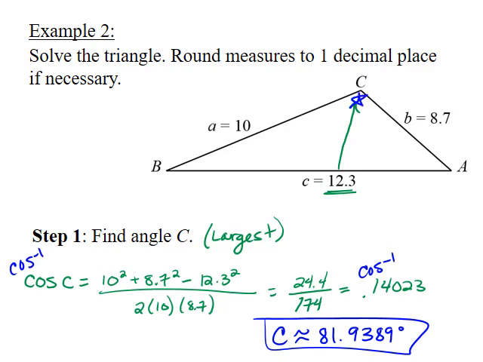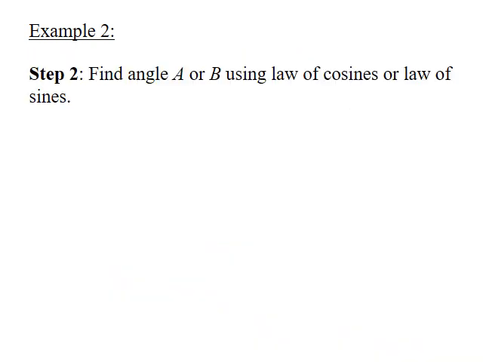Now we either need to find angle A or angle B. When we find angle A or B, we can use either the law of cosines or the law of sines. Either way is fine. Let's say I use the law of sines. If I use the law of sines, then I want to find the smallest angle first.